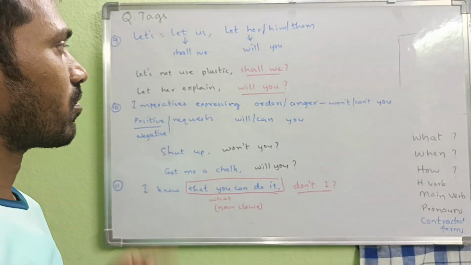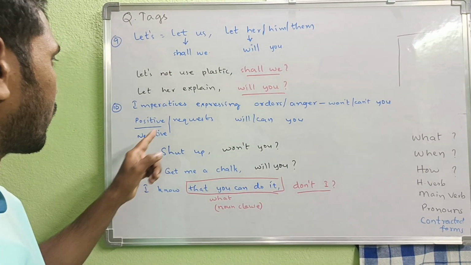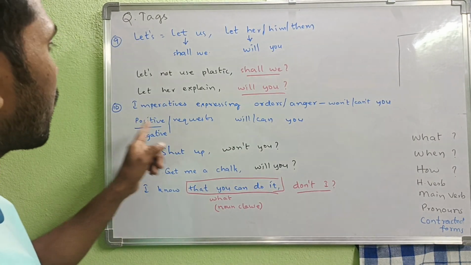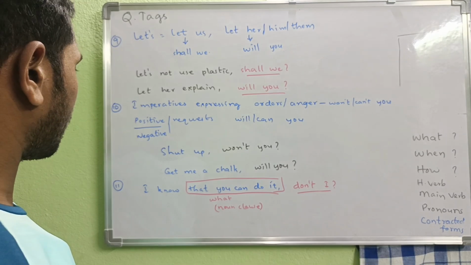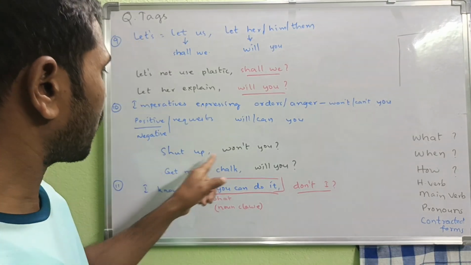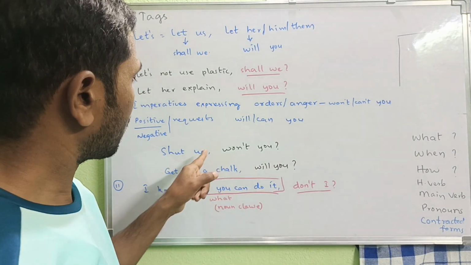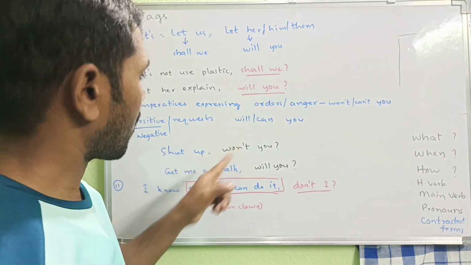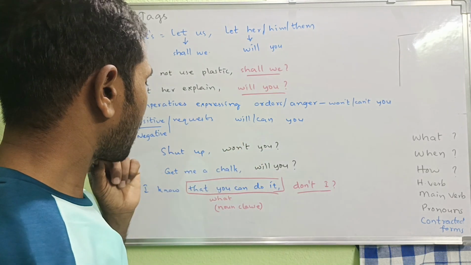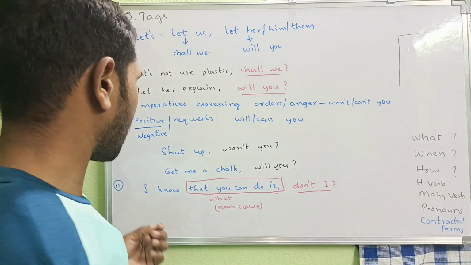For positive or negative requests we use will you or can you. Here, shut up, won't you. Get me a chalk, will you. Shut up is expressing anger, so that is why we use won't you or can't you. Next, get me a chalk, will you or can you, we can also use.